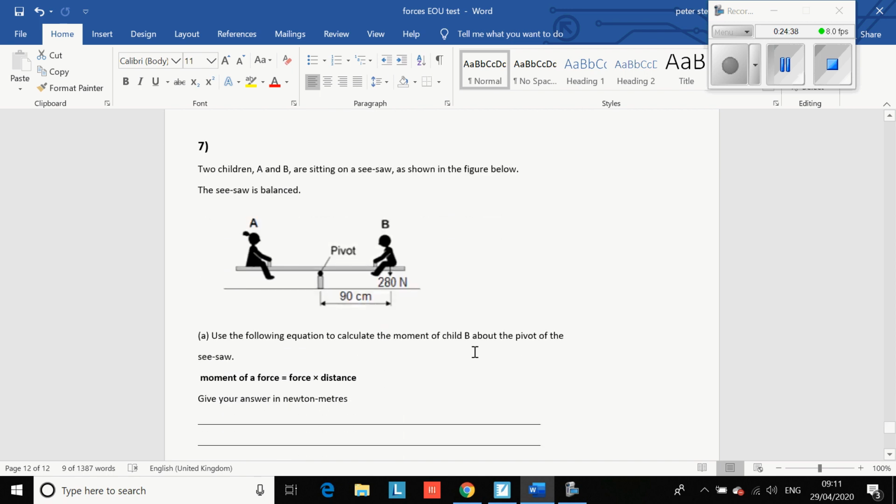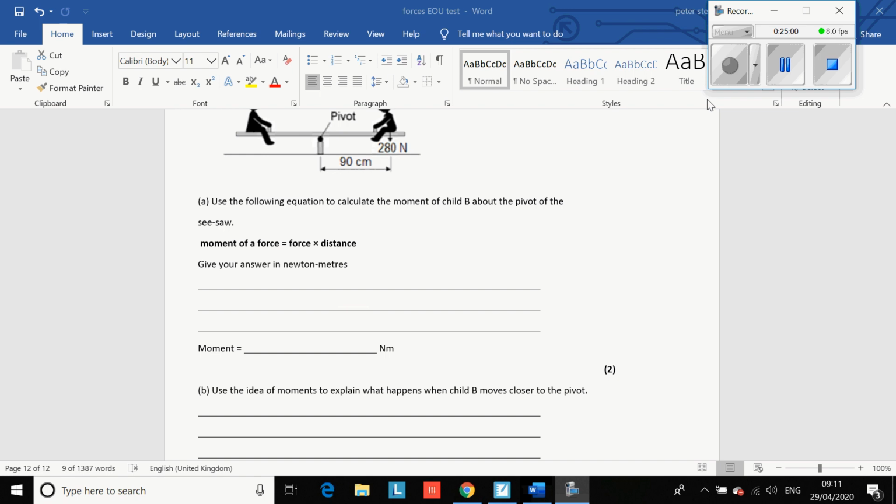Right, question 7. This was about moments. So 2 children, A and B, are sitting on a seesaw as shown in the figure below. The seesaw is balanced. So we've got our distance perpendicular from the pivot and we've got our force. Use the following equation to calculate the moment of child B about the pivot of the seesaw. Now, once again, they've been quite nice here. They've given you the equation.